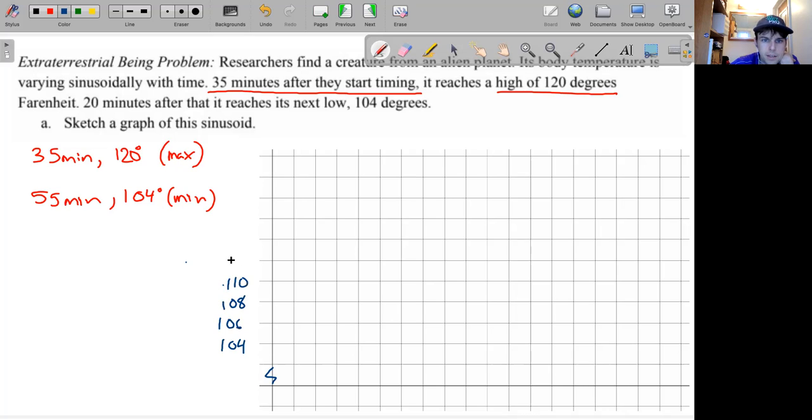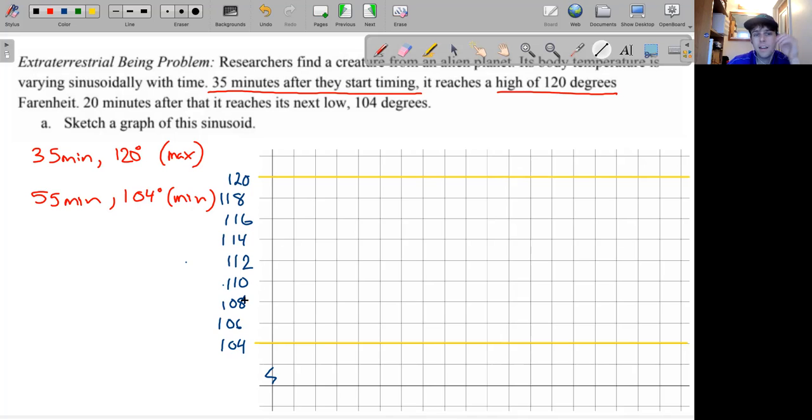It's not incredibly important that we make these graphs super accurate. If we're looking for accuracy from our graphs, it's probably better to just use Desmos or something like that. So anyway, we have a minimum at 104 and a maximum at 120. I'll put some guiding lines on here for myself.